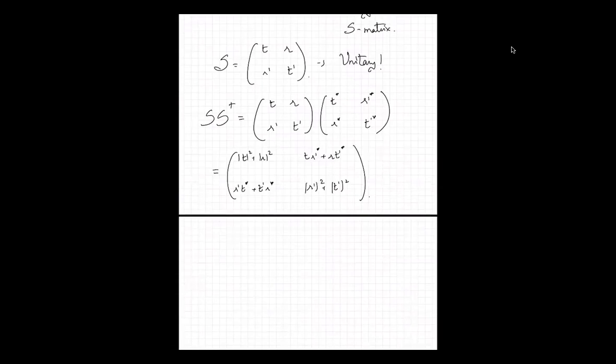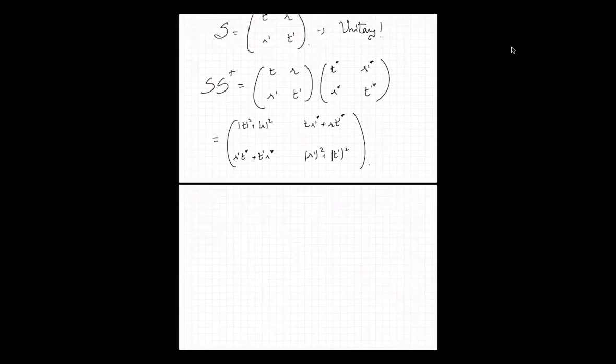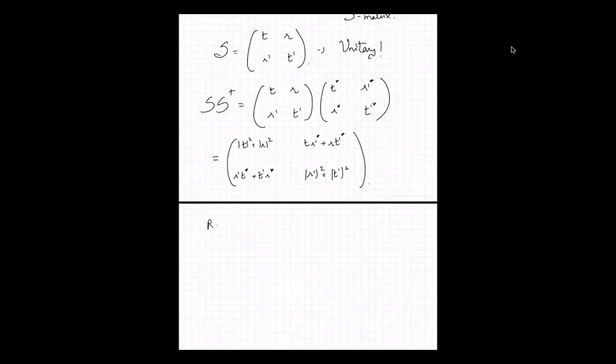Since we have already established the relation that R plus T equals 1, which implies mod R square plus mod T square is always equal to 1, you know that the diagonal elements are equal to 1. But what about the off diagonal elements?